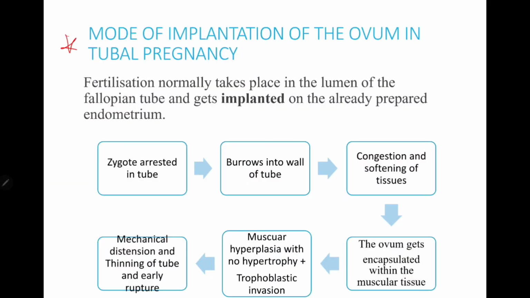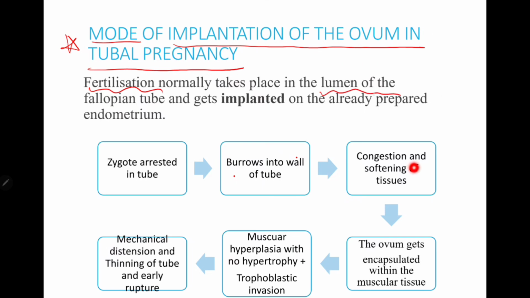Now let's look at the mode of implantation of the ovum in tubal pregnancy. Fertilization normally takes place where? In the lumen of the fallopian tube, and the ovum gets implanted on the already prepared endometrium.